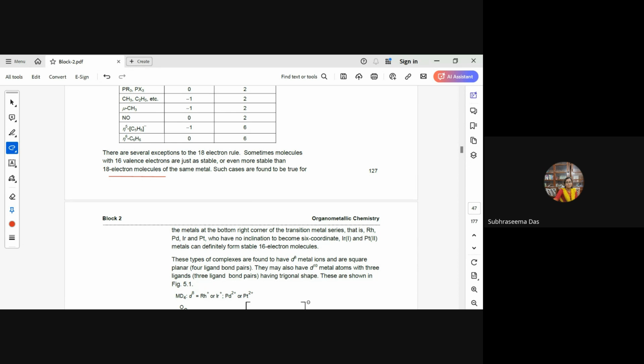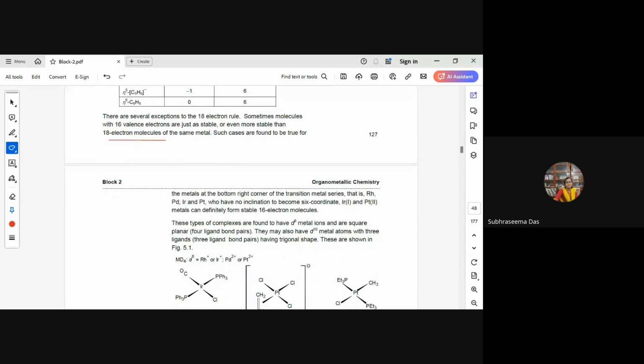Such cases are found to be true for metals particularly at the bottom right corner of the transition series, that is the elements rhodium, Pd, Ir, and Pt. Particularly iridium and platinum are known to form stable 16 electron molecules.